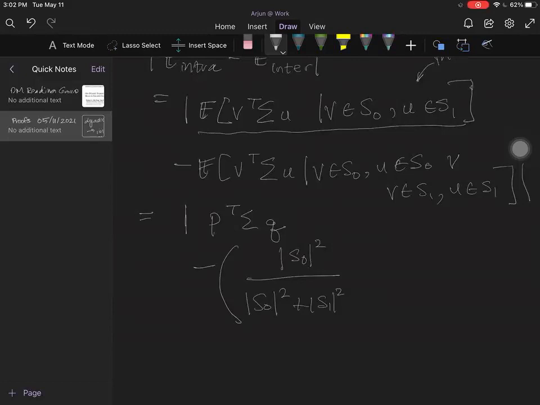So we're just looking at the possibility of there being an intralink in S0 over the total number of possible intralinks in S0 and S1.